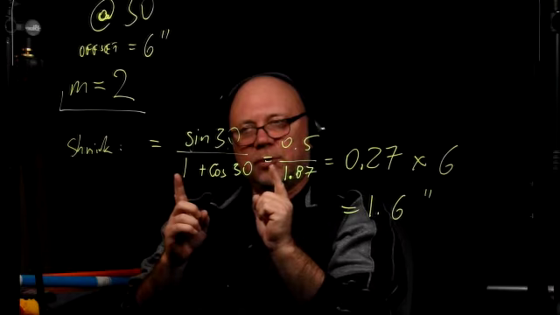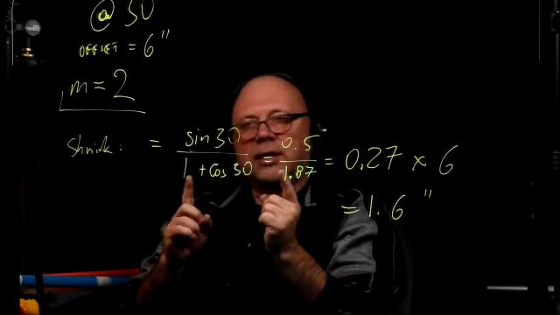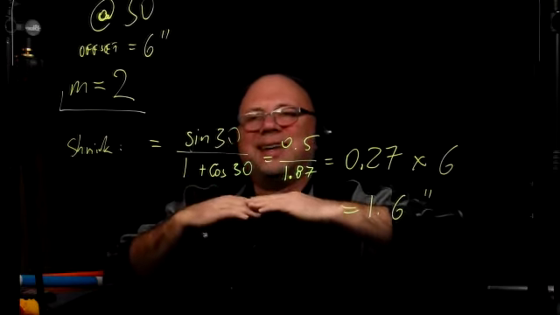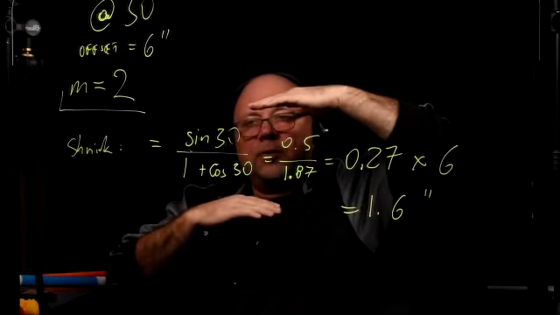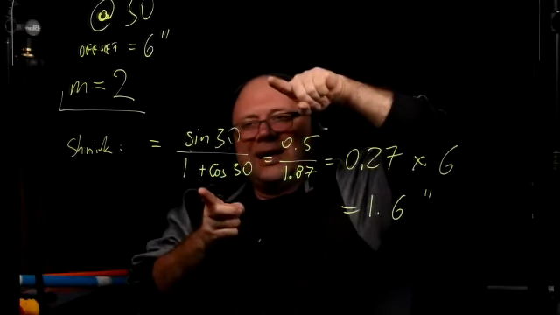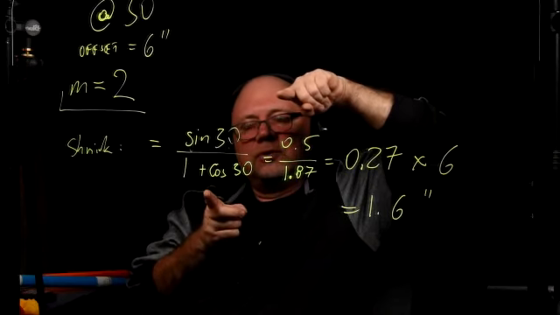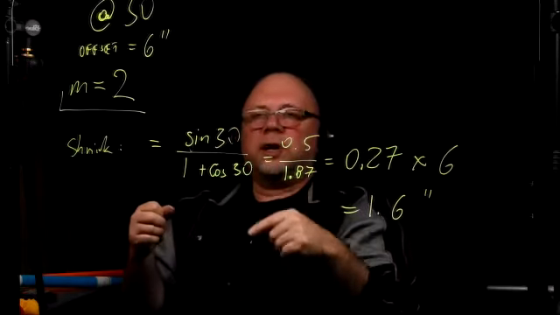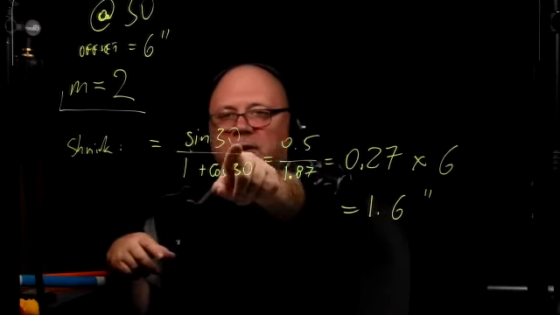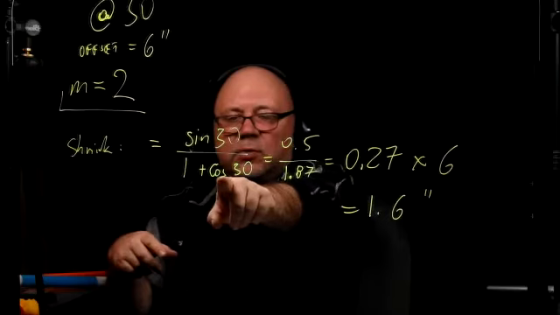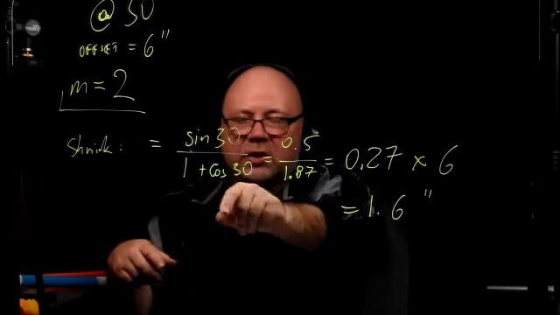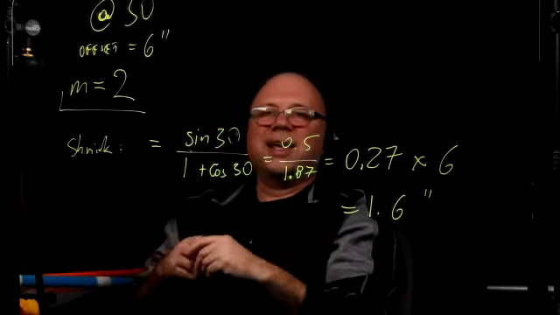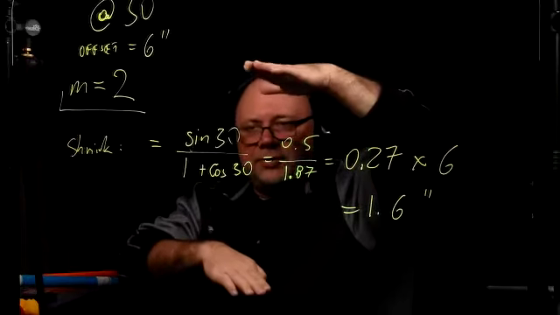And we're going to come up with a number. If we multiply that number by the height of an offset, we're going to find out how long the distance is between those two bending marks. The shrink, we got the formula: sine of the angle over 1 plus the cosine of the angle. That's the shrink per inch of rise.